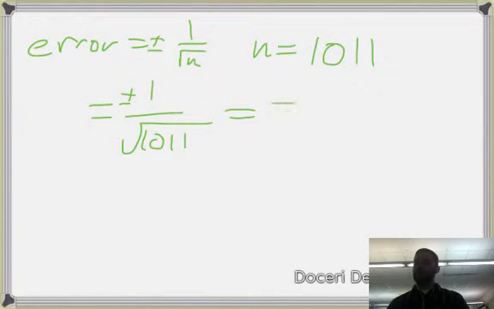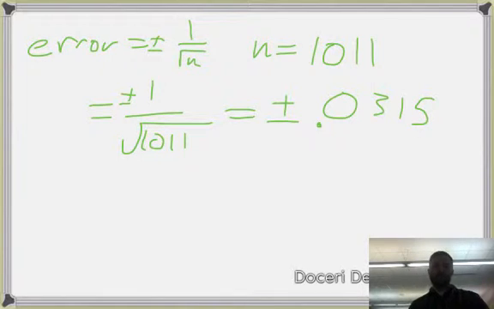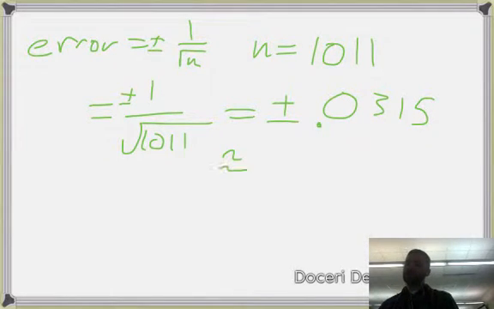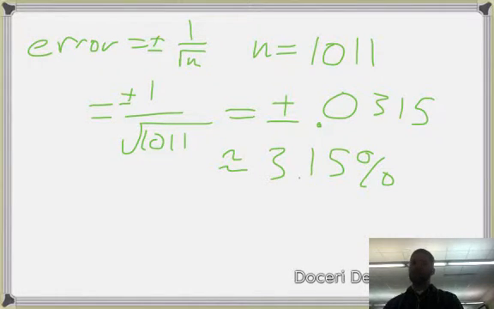And so that's going to be equal to plus or minus, I figured this out, 0.0315. Or if you were to convert that to a percent, it'd be about 3.15%. And if you think about this, the greater your sample, the smaller your error.